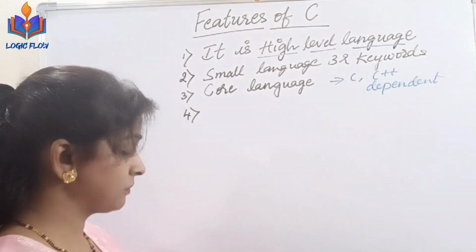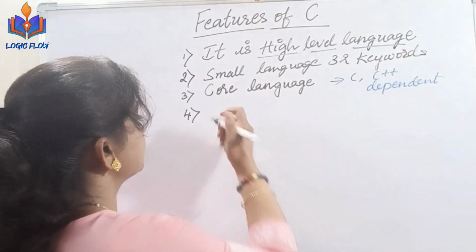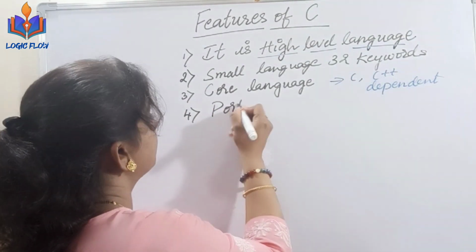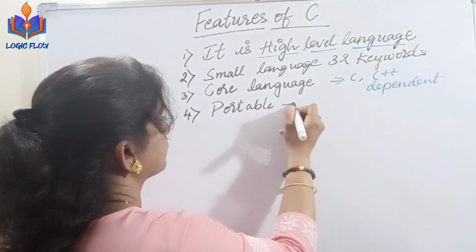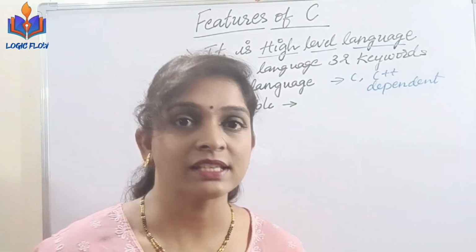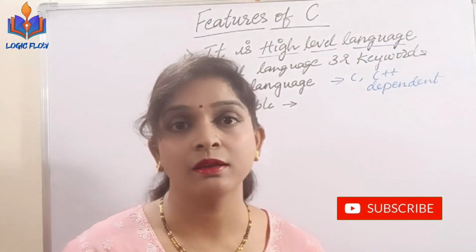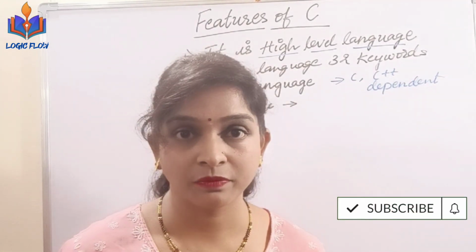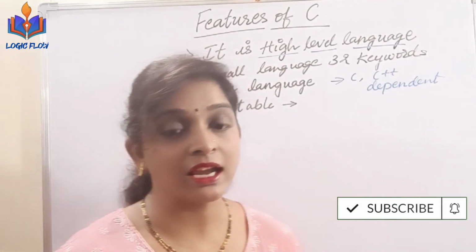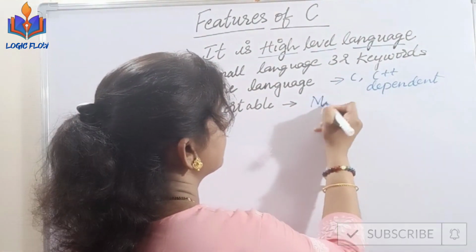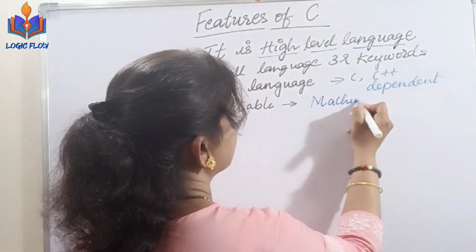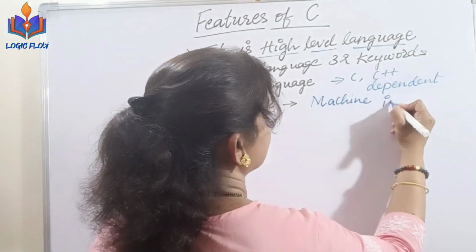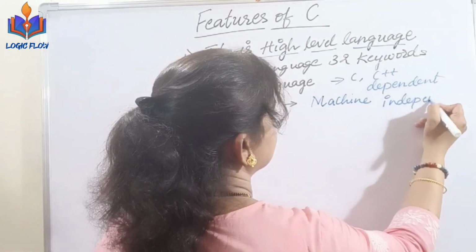The next point. It is a portable language. Portable in the sense that I can carry the program to any other machine and run it. So I can say that it is machine independent.